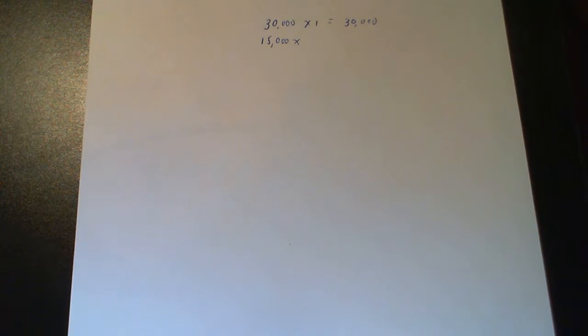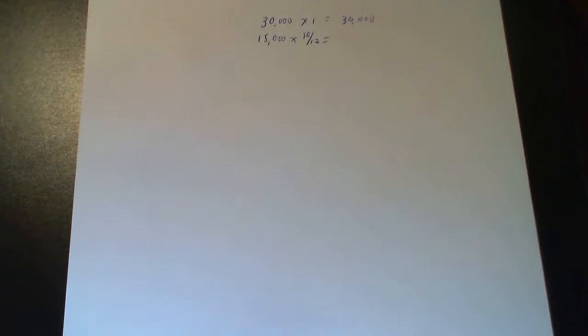So January, February. So 2 months are not available. So we're going to multiply that times 10, the number of months available, divided by 12, the number of months in a year. And so when we do that, 15 times 10 twelfths or 5/6, we get 12,500.